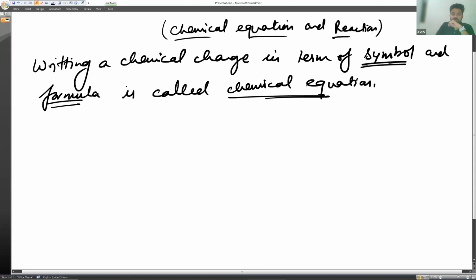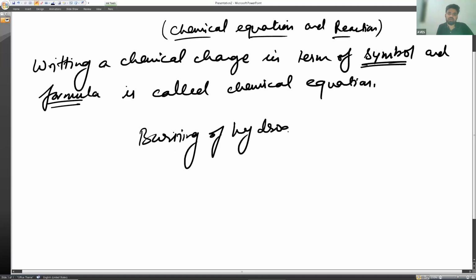Got it? For example, if you burn hydrogen gas, burning of hydrogen gas to give water.